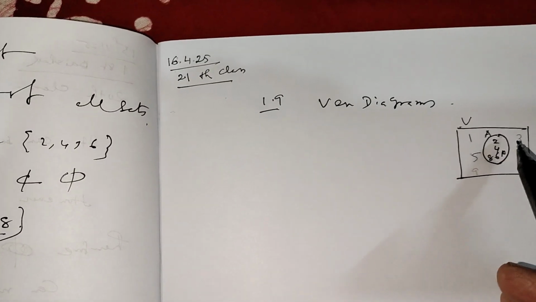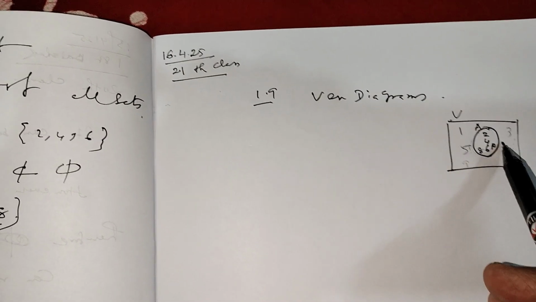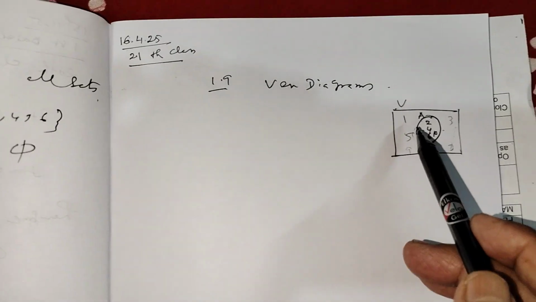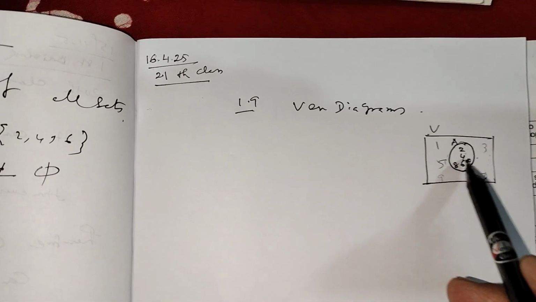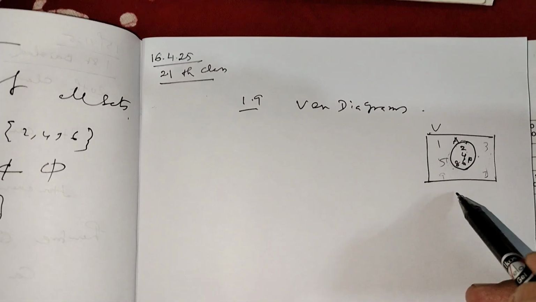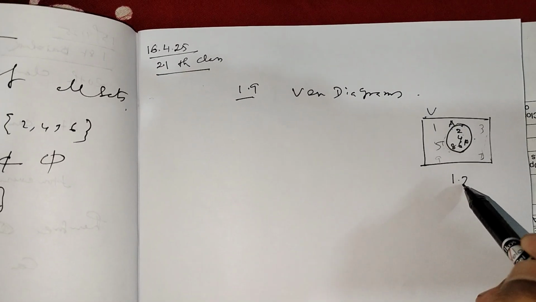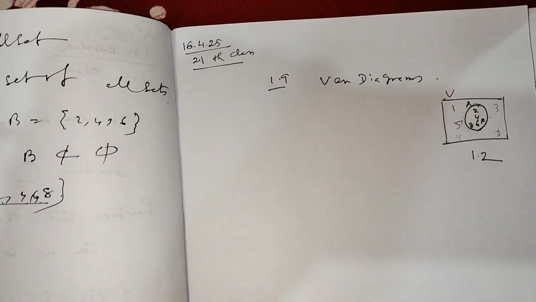Inside it there is A, a subset of the universal set, with elements 2, 4, 6, 8. It's a Venn diagram. Understood?